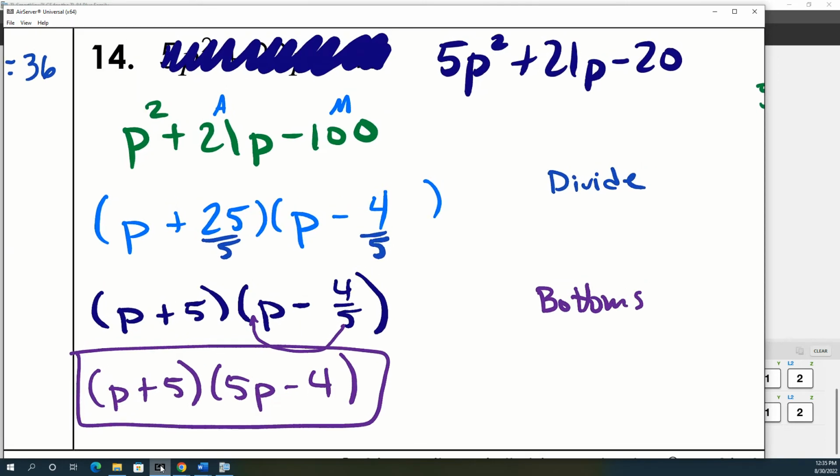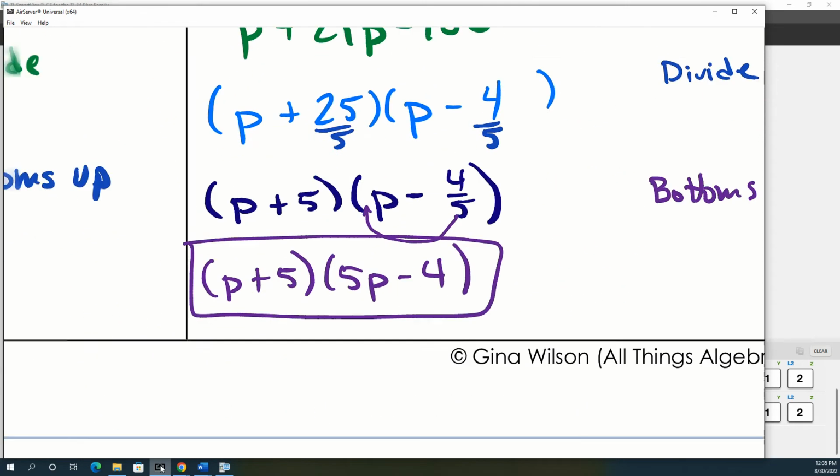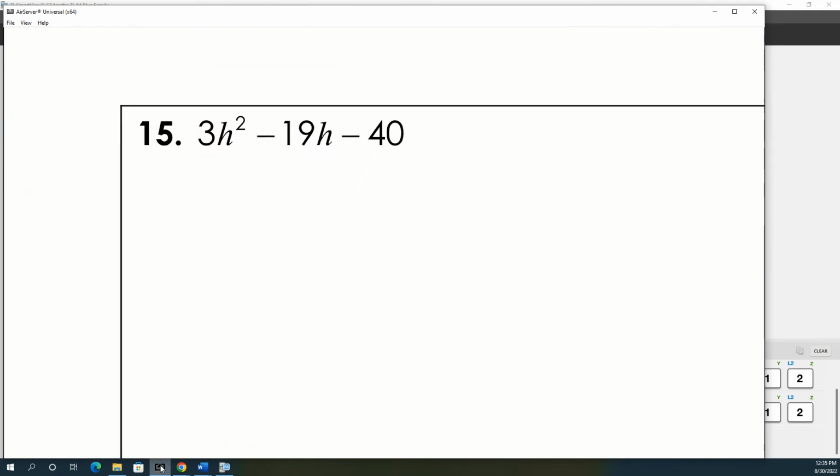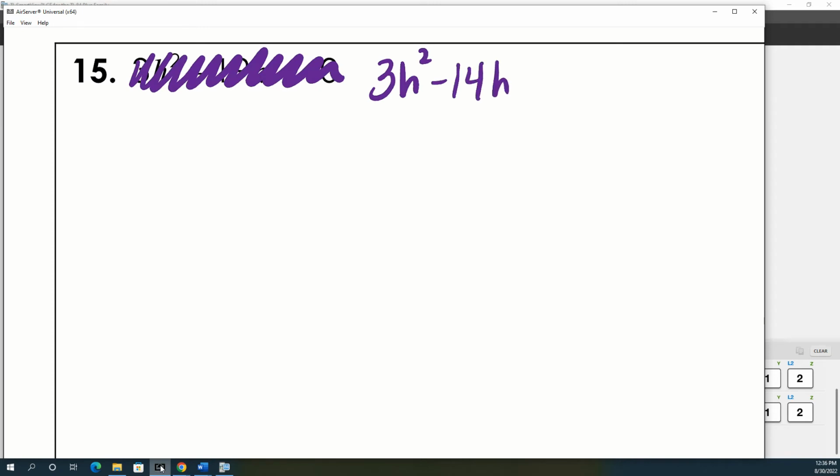All right, let's look over at number 15. It's another one we're going to change. All right, we're going to change it to 3h squared minus 14h minus 24.